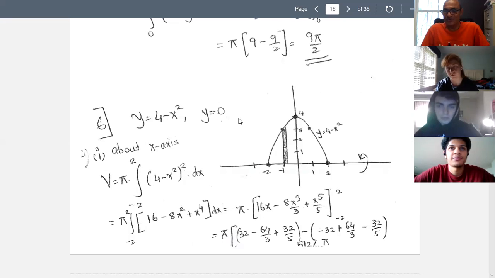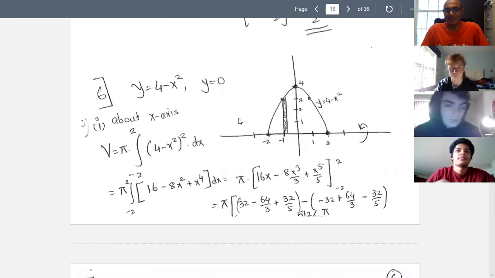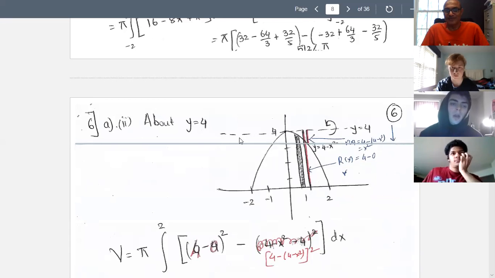As usual, I am taking varieties of examples. So this is about the line y equal to 4. If you take y equal to 0, the x-axis, my strip touches the axis of revolution.